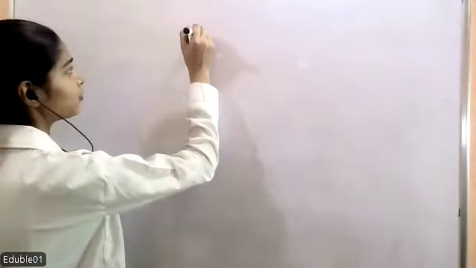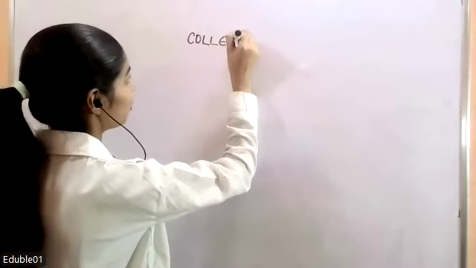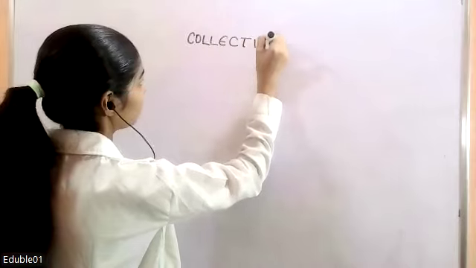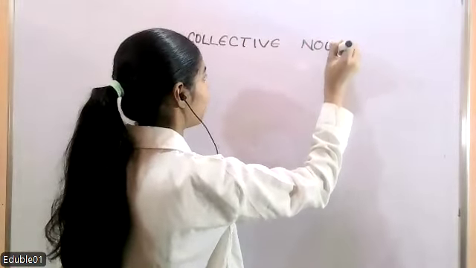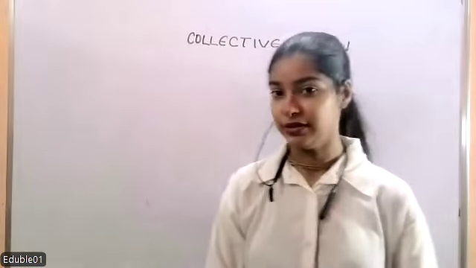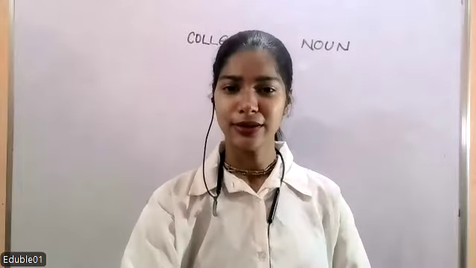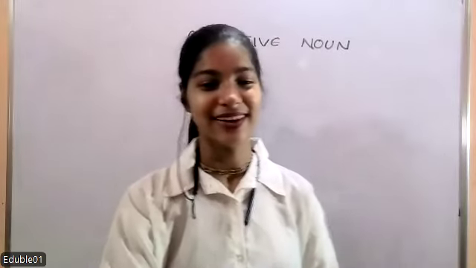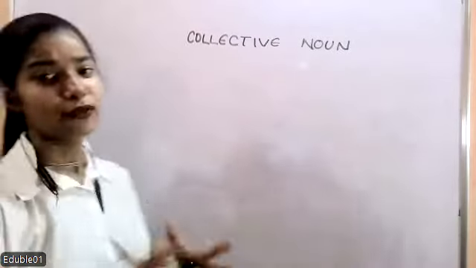The next type of noun we are going to learn is the collective noun. The name itself says a lot about what a collective noun is, right? Collective nouns name a group of persons or things. Let's take some examples and learn together.